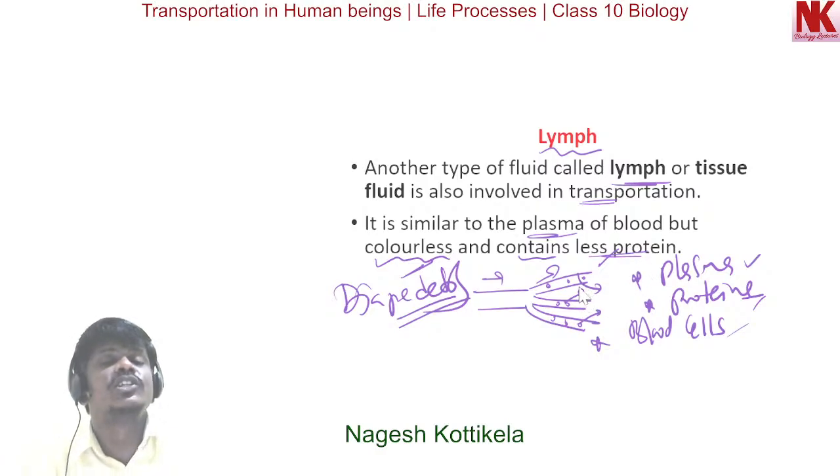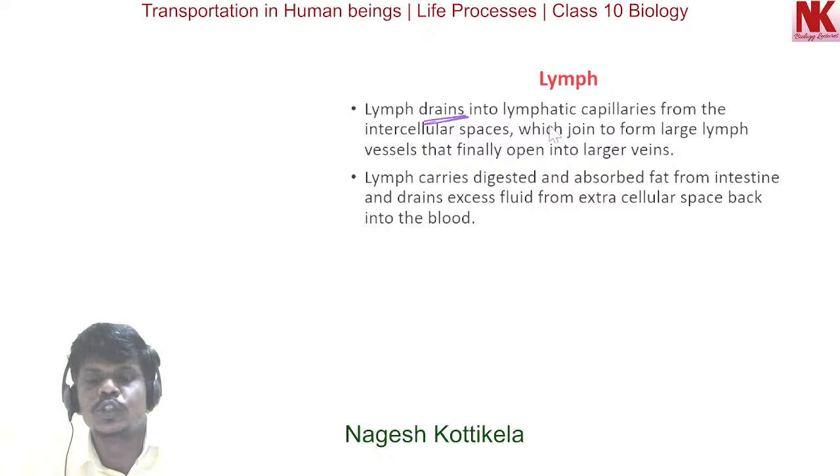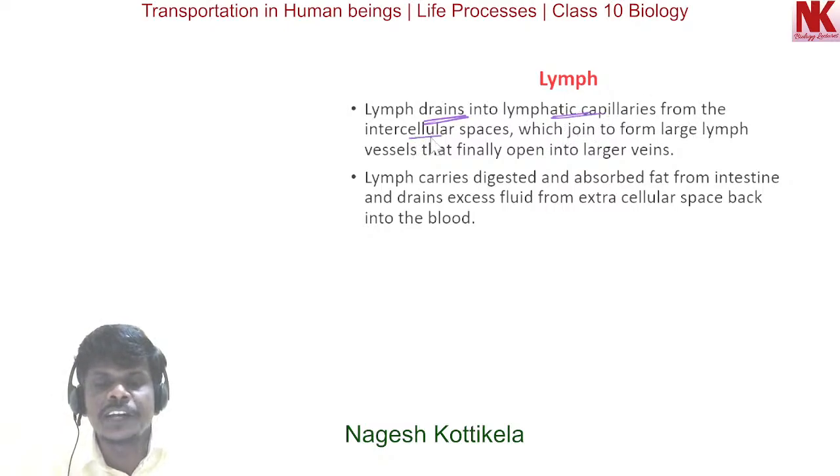This fluid which is present in the spaces between the cells in tissues is what we call tissue fluid, or interstitial fluid, or lymph. The lymph drains from the intercellular spaces into lymphatic capillaries.